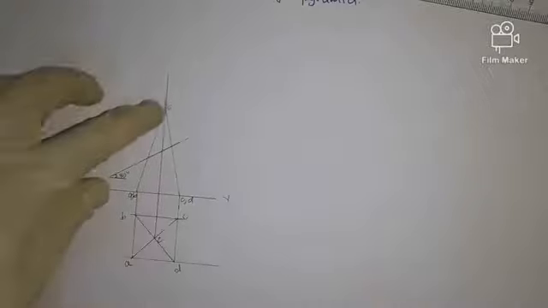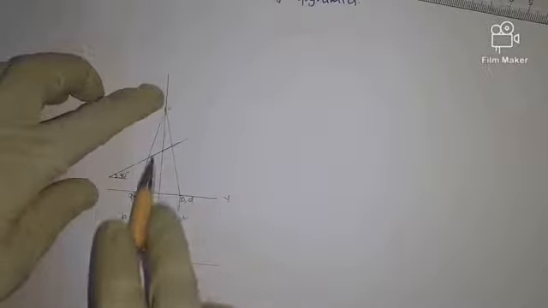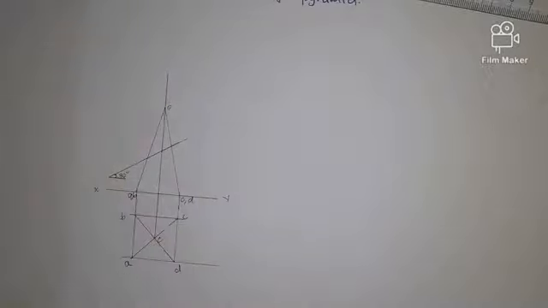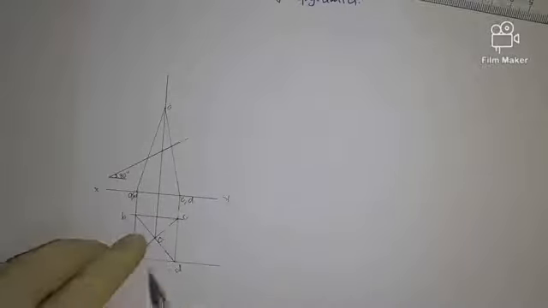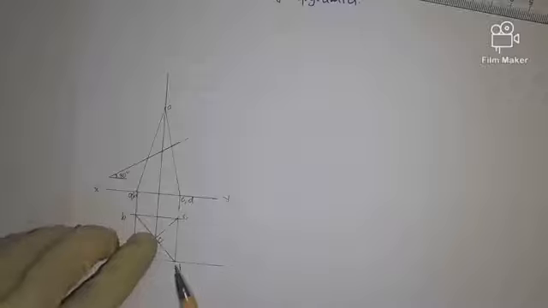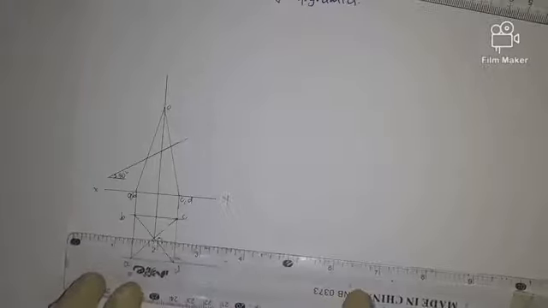Now, once you have this, we have the front, we have the plan. We now want to get the true length, because this one cannot be the true length of our pyramid. Neither can this one. So we are going to draw a true length. How do you draw it? We take OD as our radius, then we draw a straight line through O, so that we make OD parallel to XY.